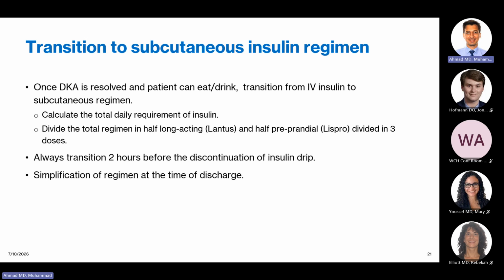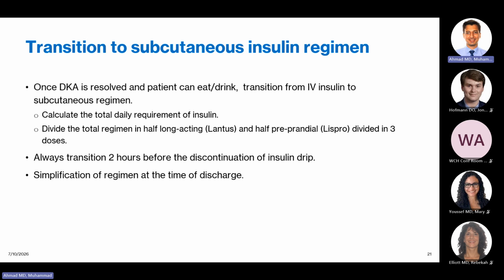The reason is that when you start the patient on long-acting insulin, this is how we have to do it. We have to give long-acting insulin, and we have to give Lispro if the patient is eating at the same time, right? Long-acting insulin takes at least 2 hours to be in our system. It's not going to be released right away. Otherwise the patient can turn super hyperglycemic.